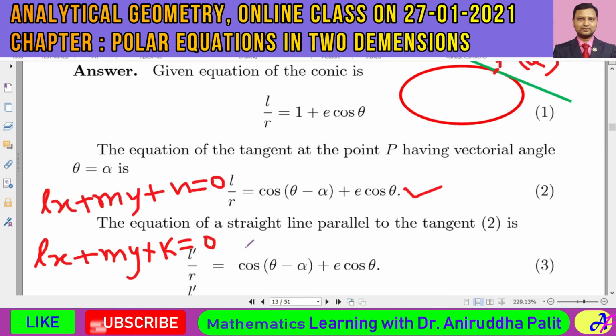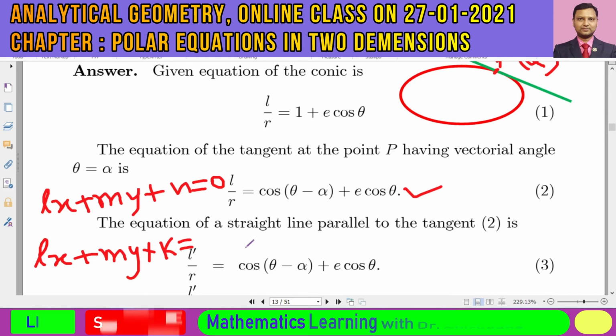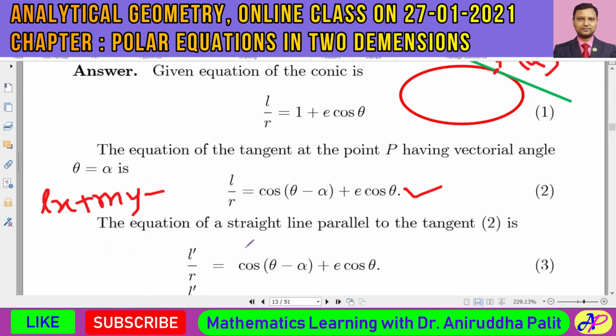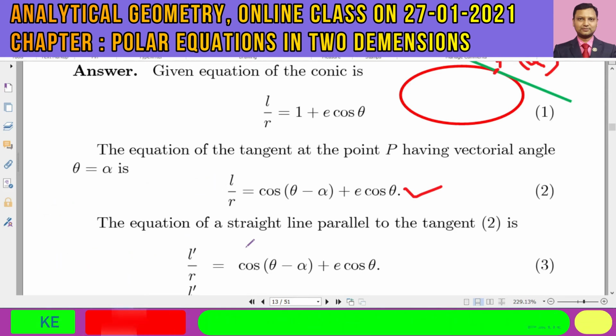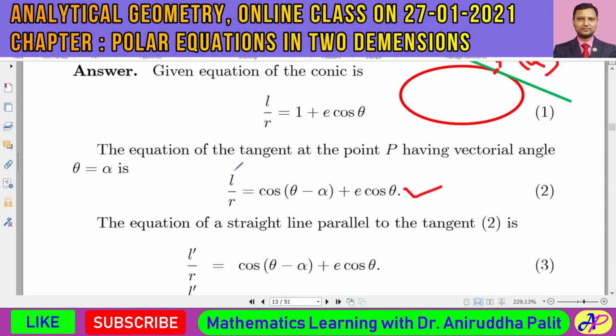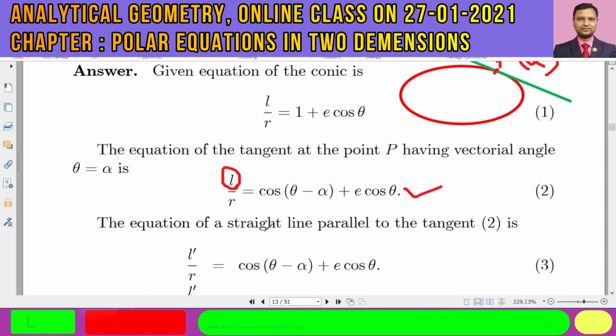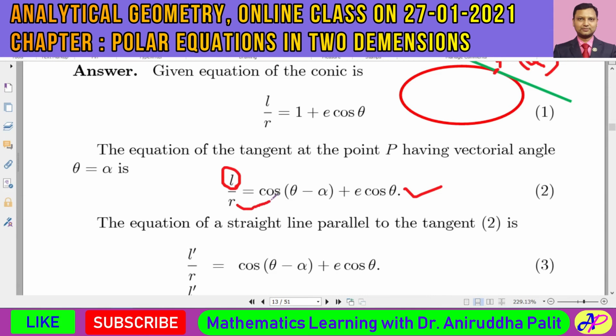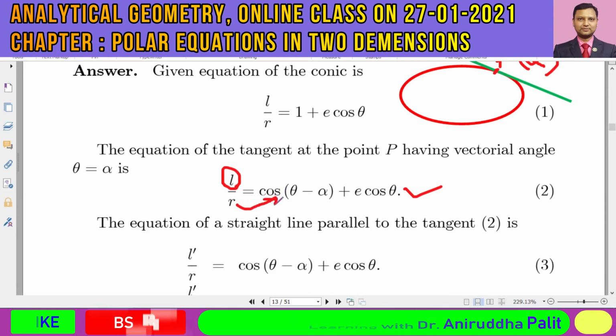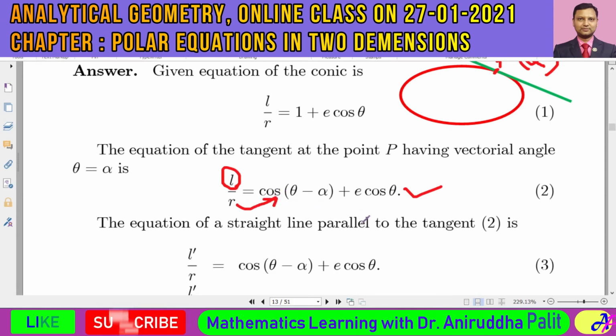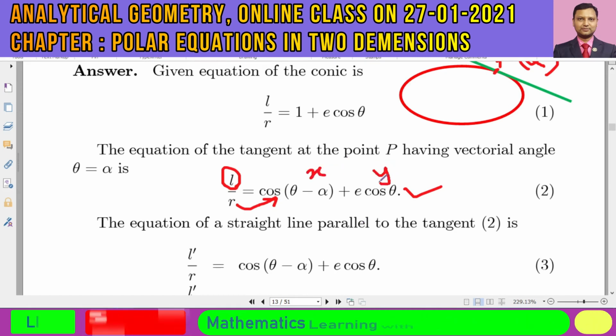Now, what is the technique in case of polar coordinates? In polar coordinates, the effect of the constant quantity would always come from this L, because whenever r is multiplied by cos theta or sin theta on the right hand side, you get r cos theta equal to x and r sin theta equal to y.